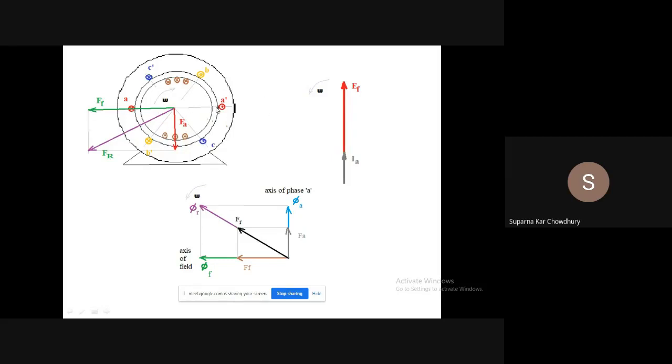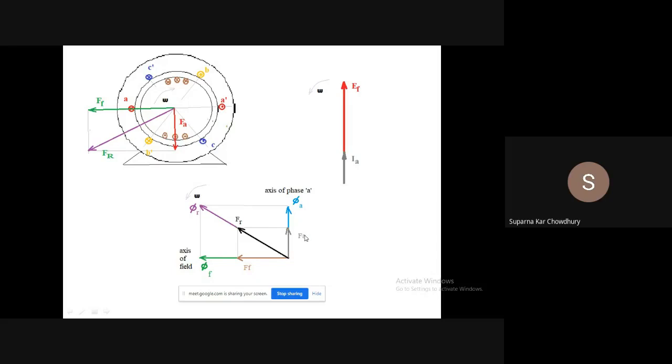As the current is maximum in AA dashed, Fa will be directed along the axis of this coil, and depending on the direction downwards we get from Fleming's rule, this is Fa. So what will exist in the air gap is the resultant of field MMF and armature reaction MMF, that is Fr.